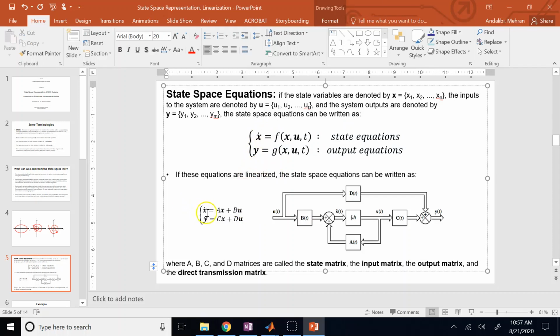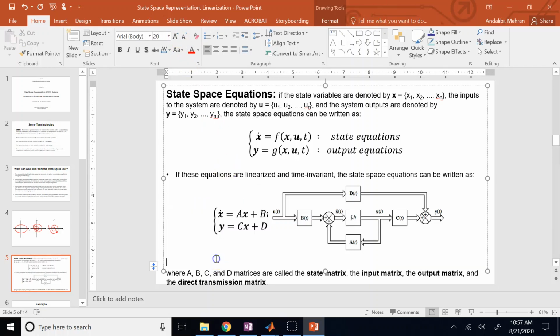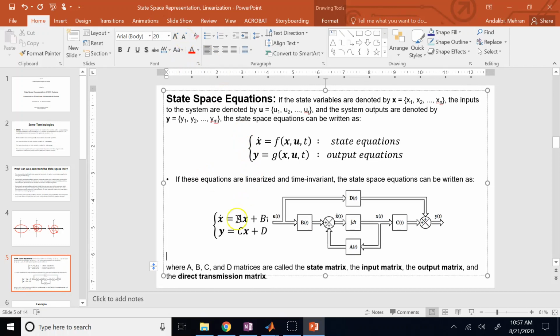I can, assuming that the equations are linearized and time invariant, so assuming that the time is not there, write your equation in a matrix format, where the first derivative of vector x is a matrix A, we call it the state matrix, times the vector x, plus another matrix B, which we call the input matrix, times the input vector.